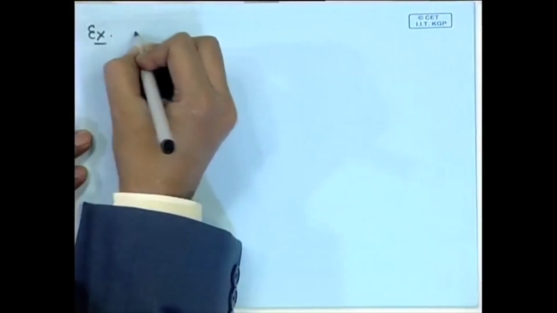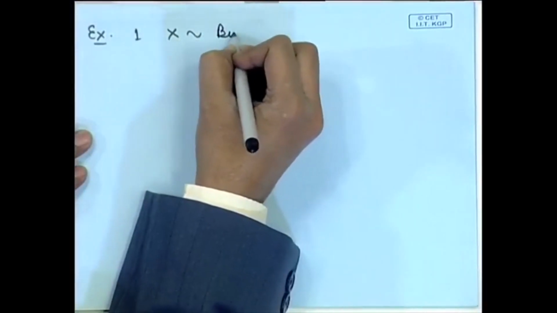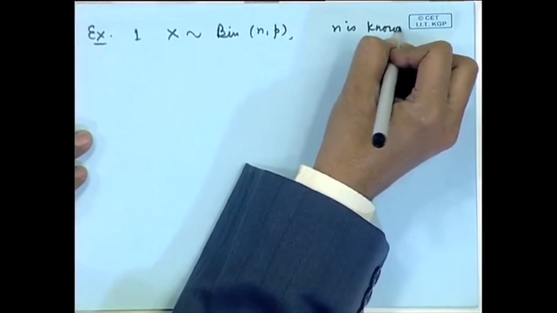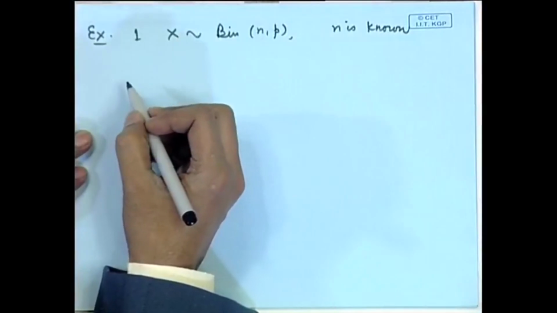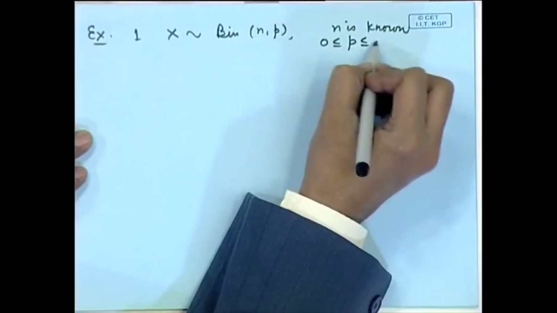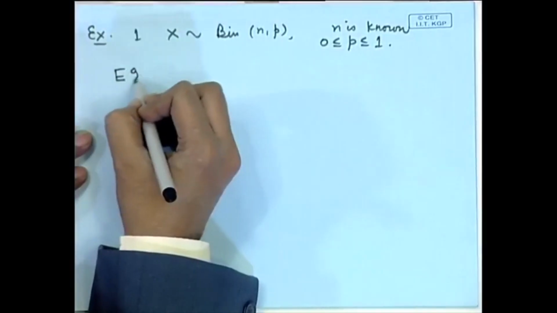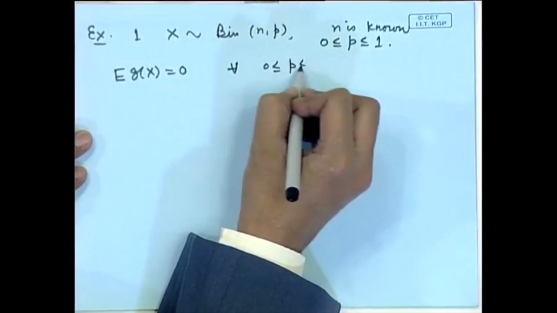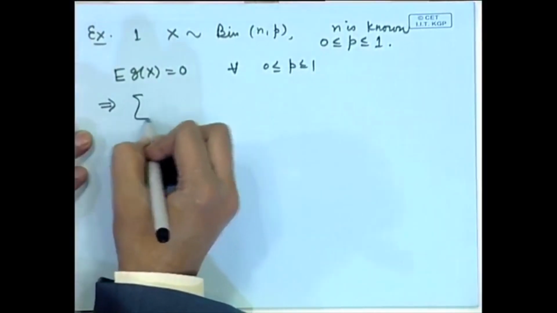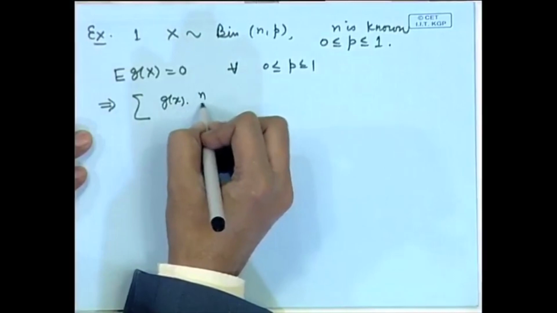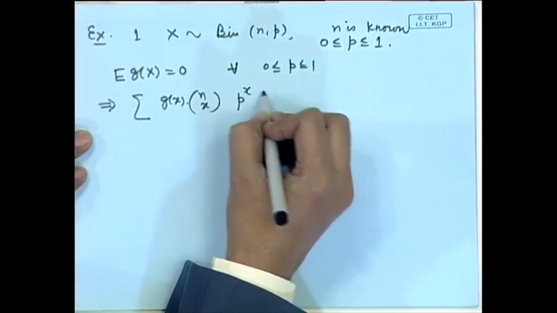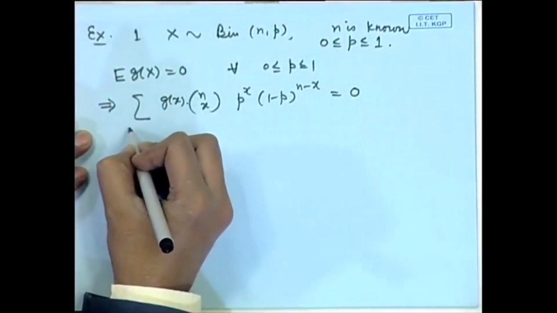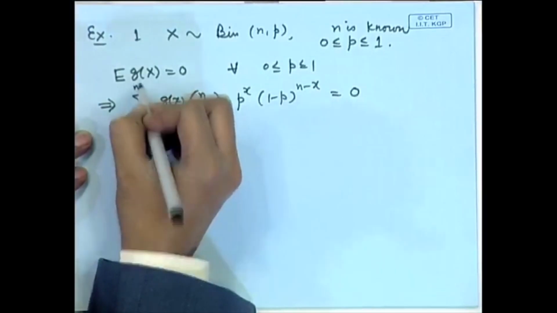So, let us take, say, X follows binomial(n, p), where n is known and p is the parameter. Let us look at expectation of g(X) is equal to 0. Now, this condition is equivalent to sum of g(x) nCx p to the power x (1 minus p) to the power n minus x is equal to 0 for x equal to 0 to n.